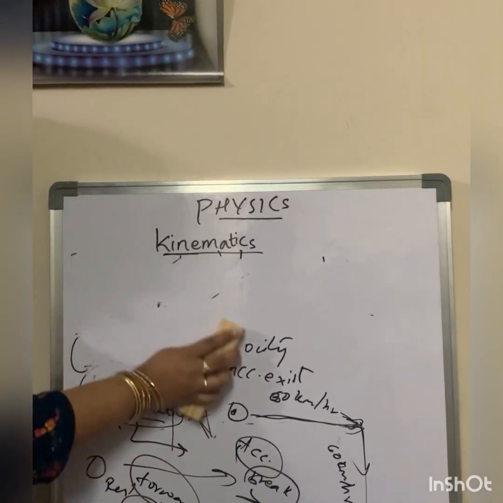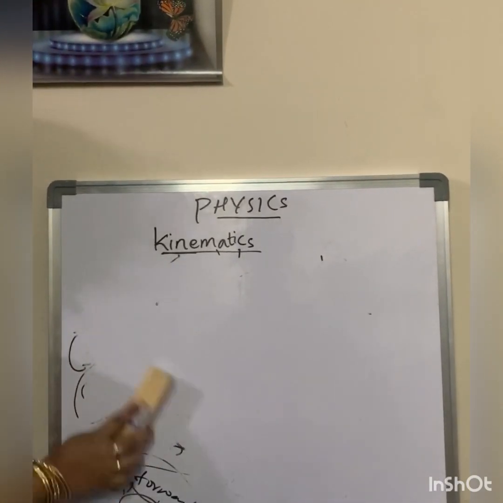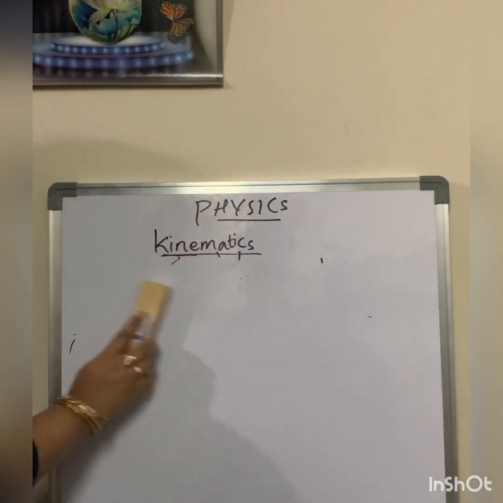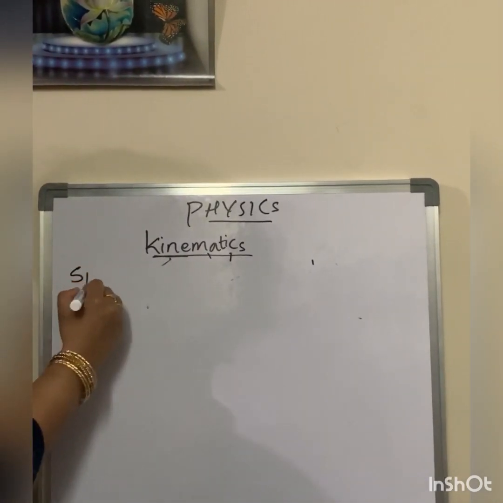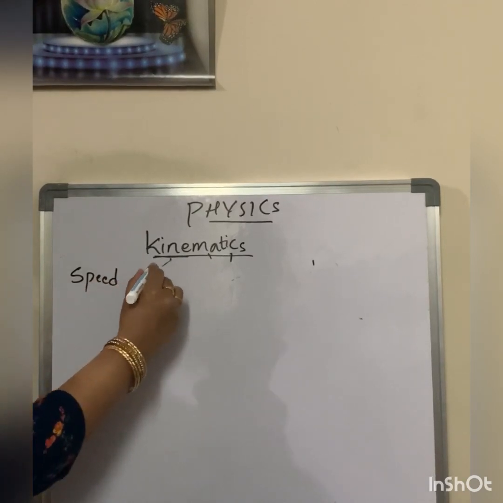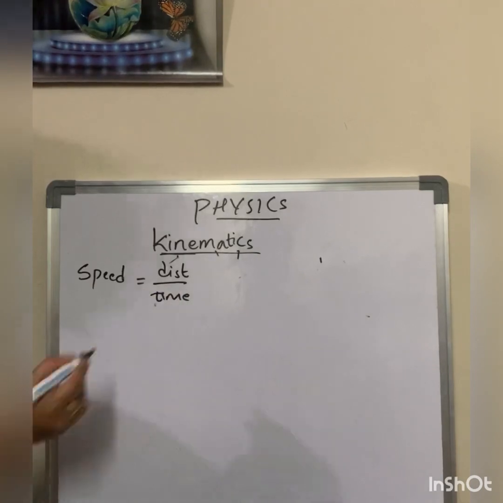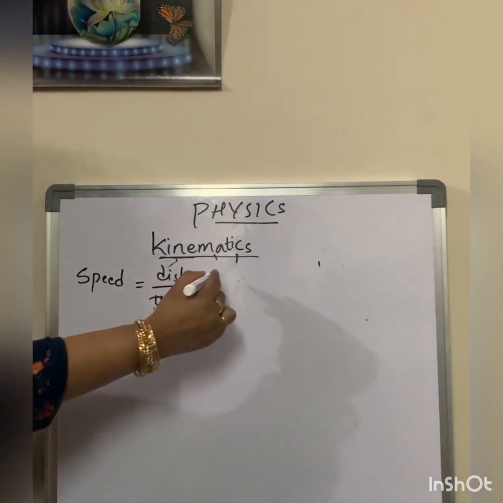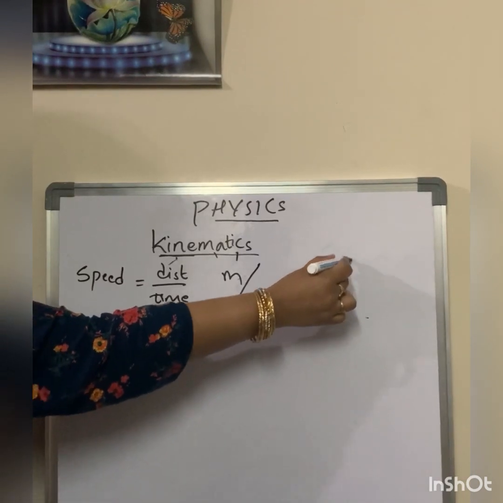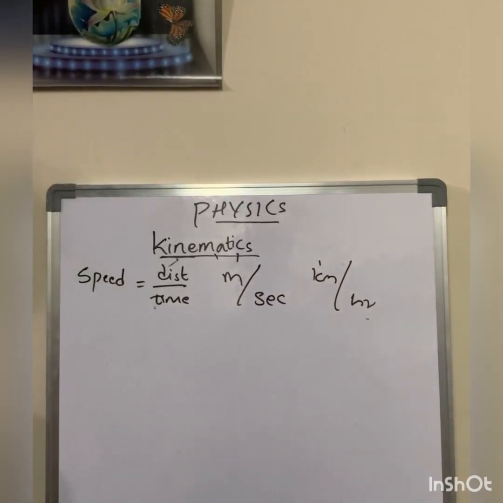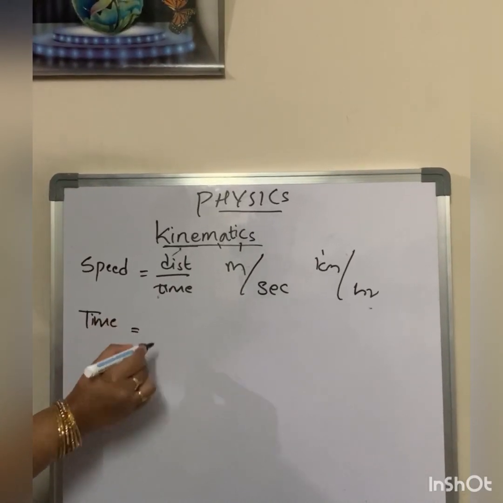So now you should learn some formulas, which are the basic formulas to calculate and solve your problems. Okay, first is speed. Speed is equal to distance by time. The units are meter for distance and seconds for time; if you take kilometer, it is kilometer per hour. So what is the formula to calculate time?